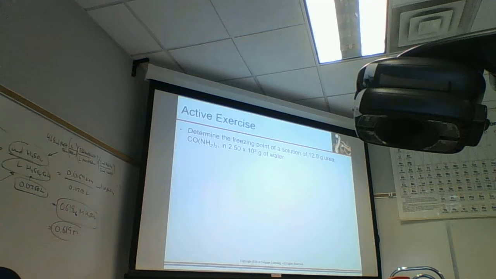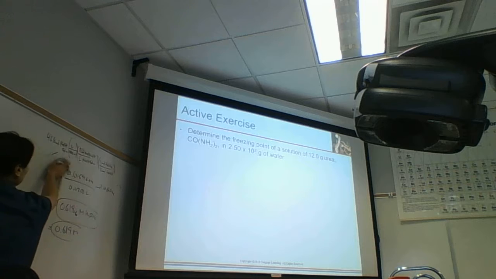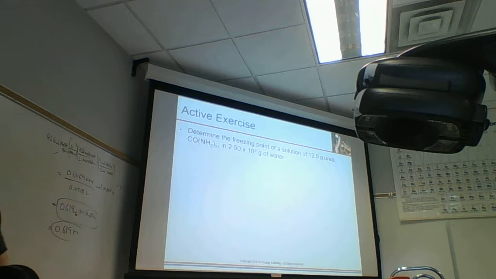The molality is equal to the moles of urea divided by the kilograms of water, water being the solvent here. The moles of urea we're going to get from molar mass dimensional analysis.